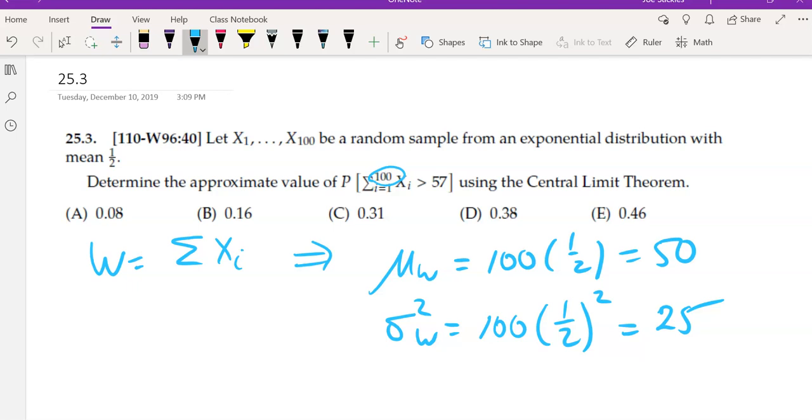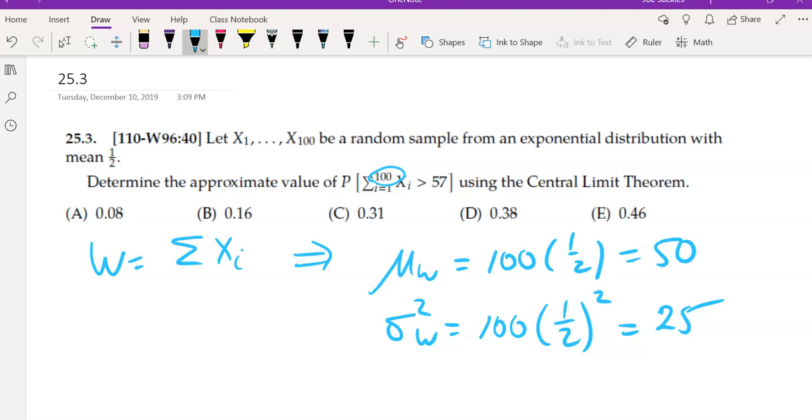What's theta in this problem? 1/2. So each of the variances is 1/4, and we're going to add them together again. There are 100 independent copies with variance of 1/4, so that's where the 25 comes from.